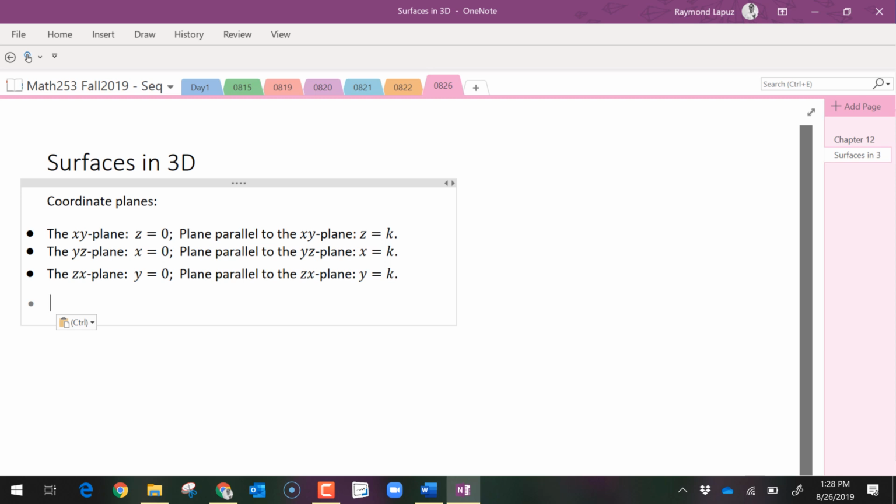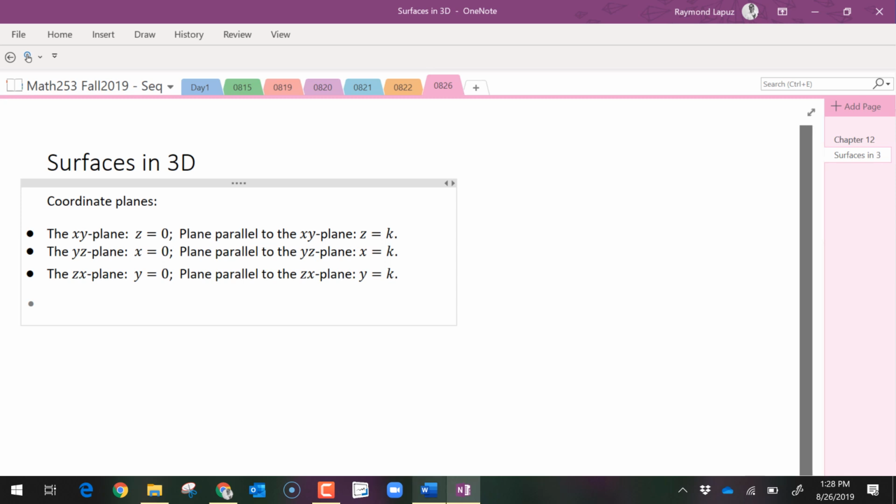It's like saying parallel to the axis. So when you say y is equal to 5 or y is equal to -1, you're looking at something parallel to the y is equal to 0 plane. And y is equal to 0 plane is the xz coordinate plane.